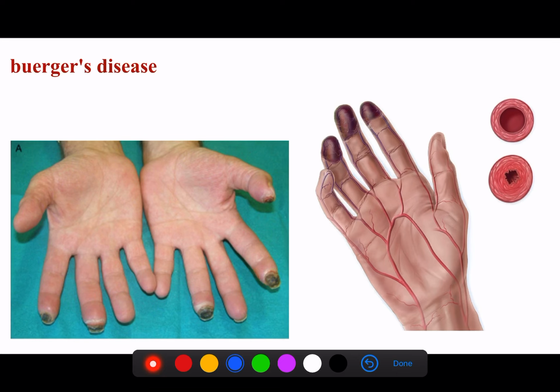It's called Buerger disease. The name is a misnomer. The Buerger is not related to burger, but it's related to smoking, to smokers. Cigarette smokers, with unknown pathogenesis, suffer from gangrene within the tip of the finger, also toe, also ear.